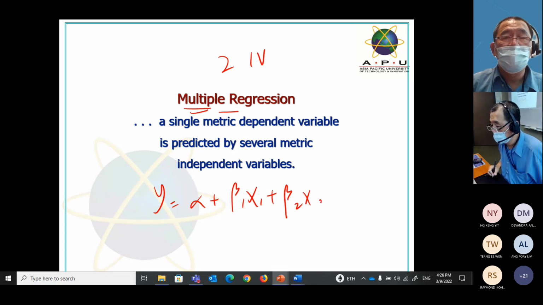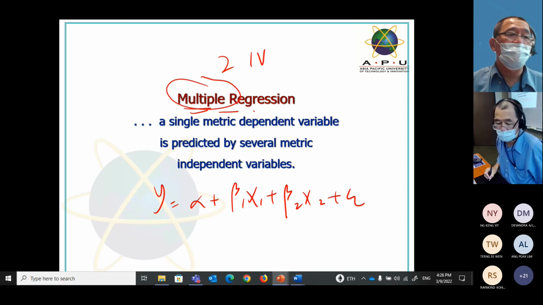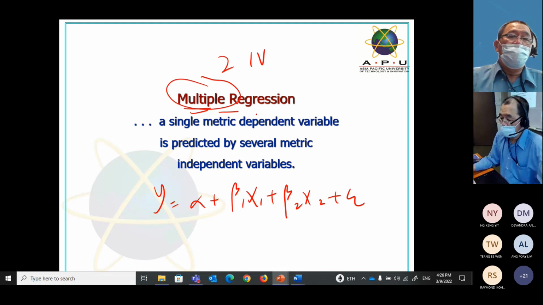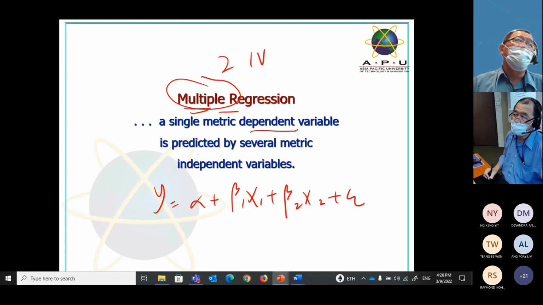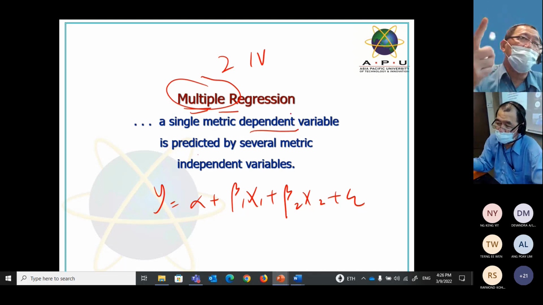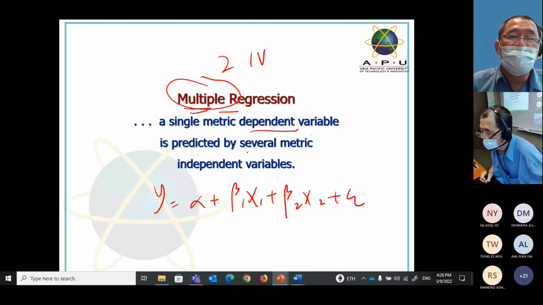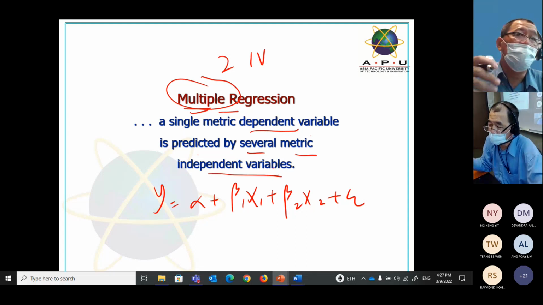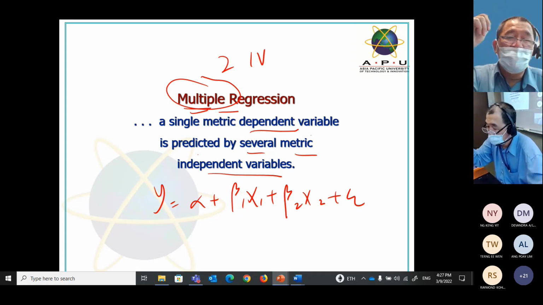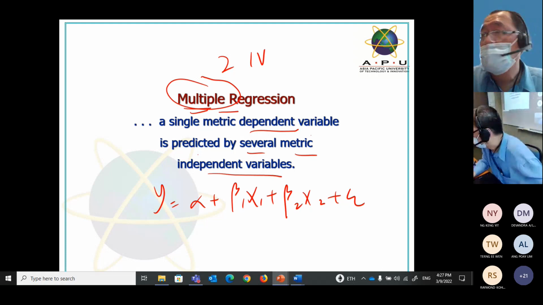This is an example of multiple regression. It has a single metric dependent variable, only one. The dependent variable must be metric, predicted by several metric independent variables. All must be metric. It's what you should do in your assignment.